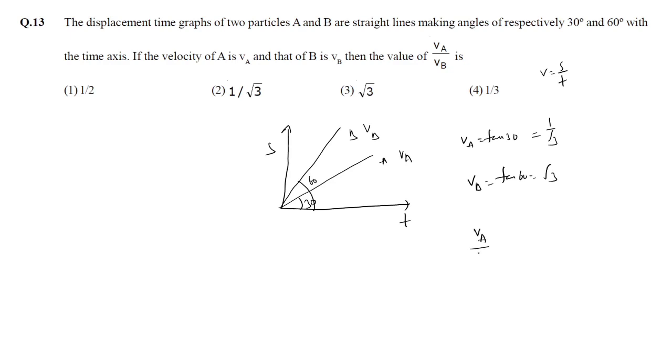So VA by VB they are asking, so that is 1 by root 3 divided by root 3. So simply it is 1 by 3. Okay, it will not get cancelled here. Okay, so 1 by root 3 into 1 by root 3. So root 3 into root 3 it is 3. So 1 by 3 is the answer.